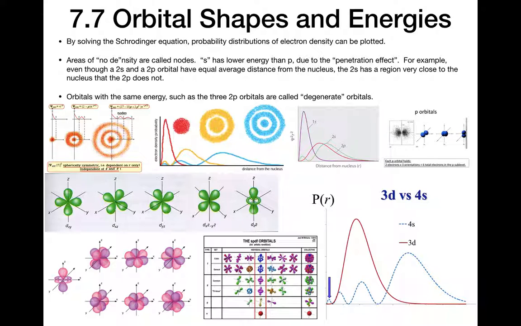In other words, part of the 4s gets very, very close to the nucleus, and that is actually enough to lower the 4s electron's energy lower than the 3d, so the 4s fills up before the 3d. So we get that overlapping between energy levels that's caused by the way in which these orbitals, such as the s, can penetrate close to the nucleus.